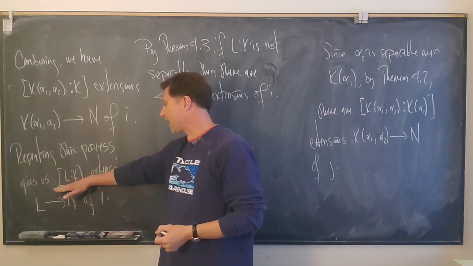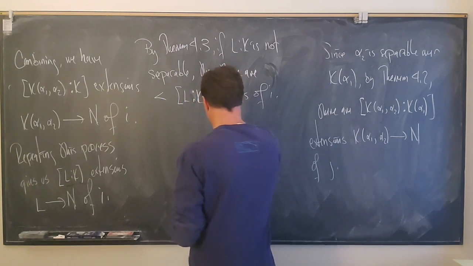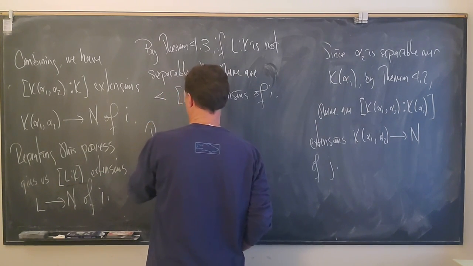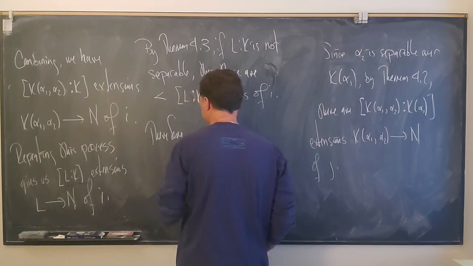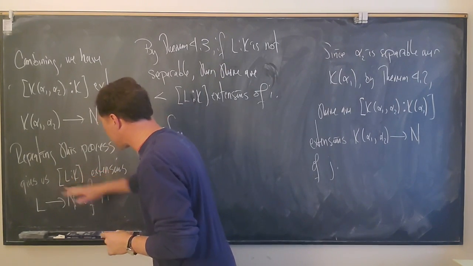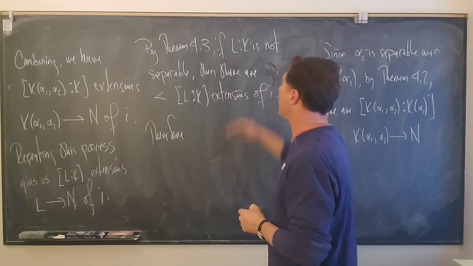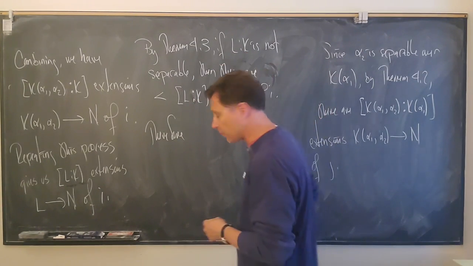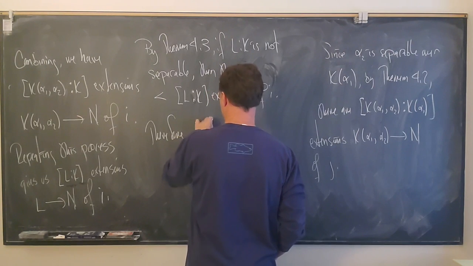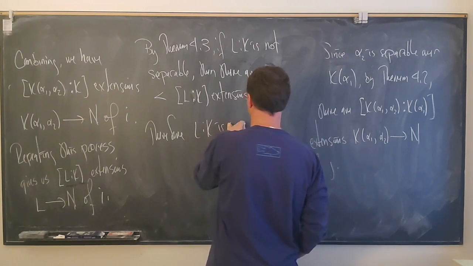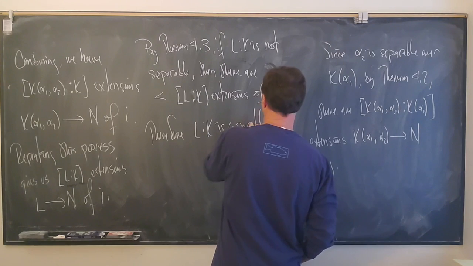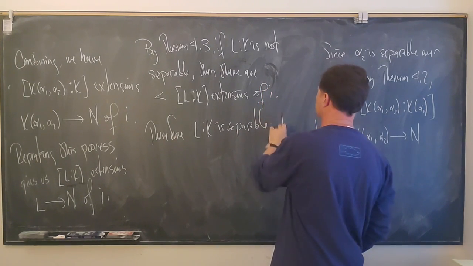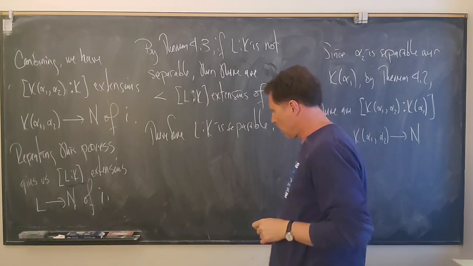We have exactly that many, right? So therefore, since we have this many extensions, we can conclude that this had to be separable, because if not, we would have strictly fewer. So therefore, L over K is separable.